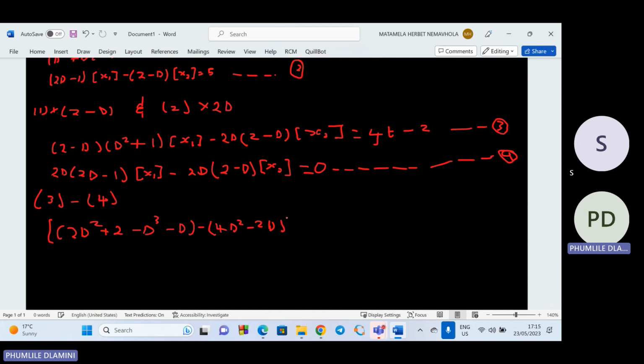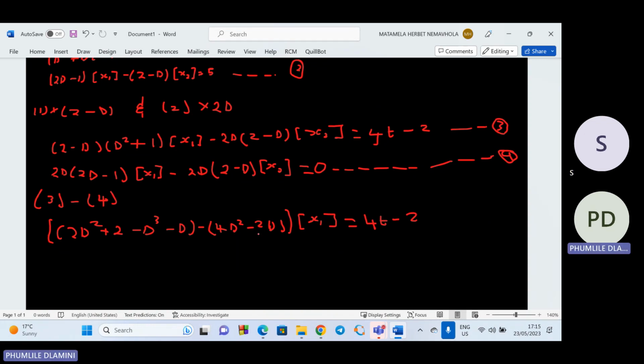Everything there is the side of x1, which is going to be equal to this one minus this one, which gives us 0. Then we're going to have 4 equals to 4t. How did you get minus 4d squared?